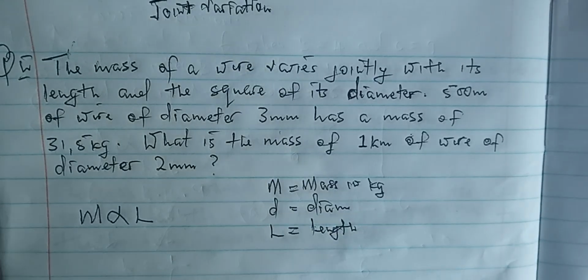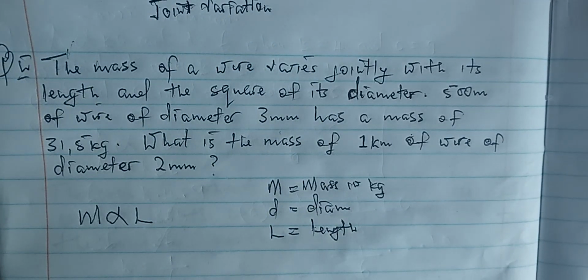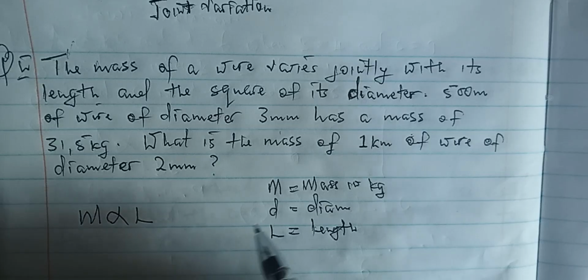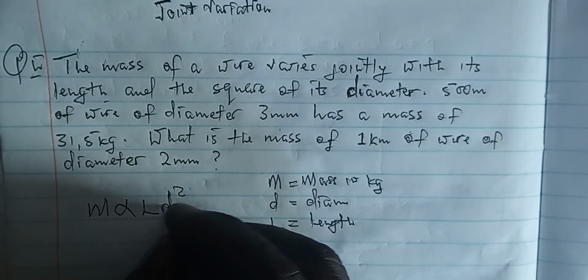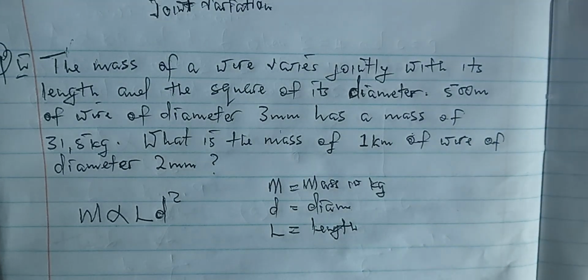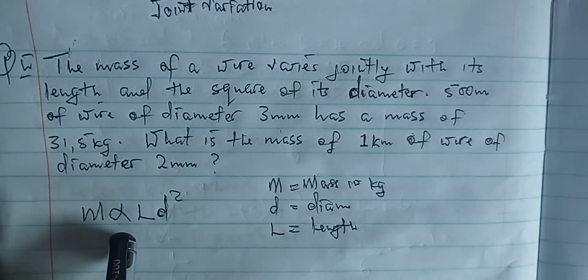The diameter is represented by the small letter d, but we need the square of its diameter, meaning the d that we have, we are going to square it. So this is the statement.